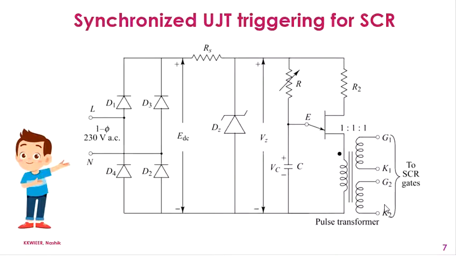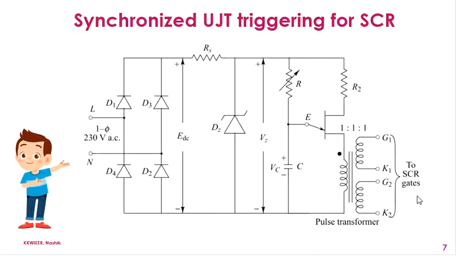The winding of pulse transformer has pulse voltages at its secondary terminals. The pulses at two secondary windings feed the same in-phase pulses to SCRs of a full wave circuit. So here the SCR will be connected. This output is given to the SCR gates.